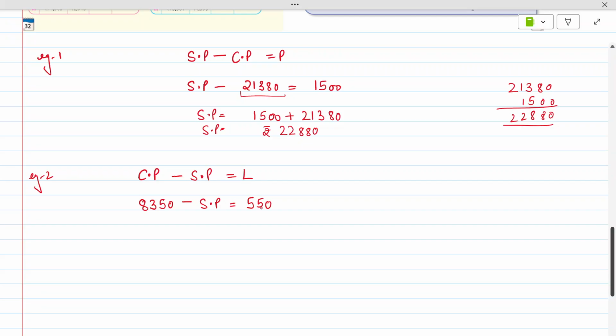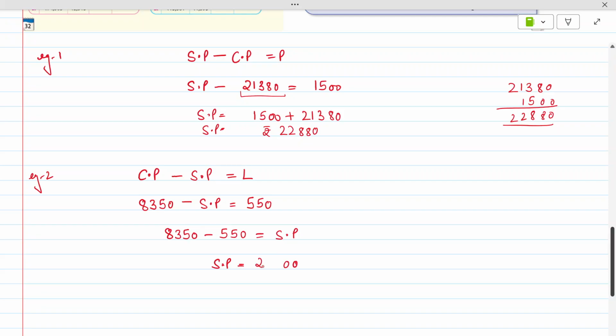So what we will do? Move SP to the RHS and this 550 to the LHS. So it will become 8350 minus 550 equals SP. We will subtract these two to get the answer, and it will be 7,800.